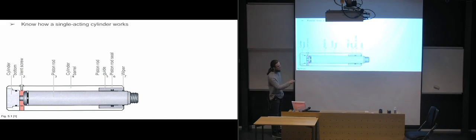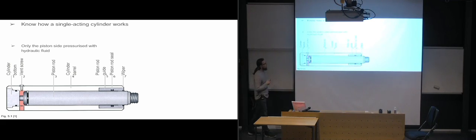We also have a seal between the guide and the piston rod in order to prevent dirt coming in here. And we have a wiper here, which also prevents dirt coming in. So with a single acting cylinder, it is only the piston side of the cylinder which is pressurized.